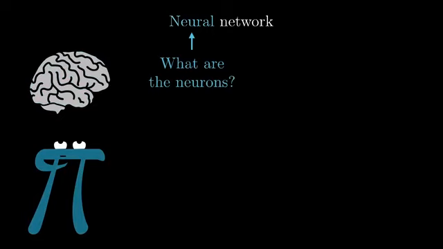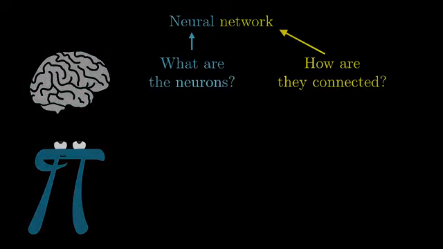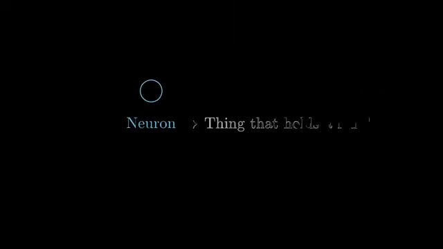But let's break that down. What are the neurons, and in what sense are they linked together? Right now, when I say neuron, all I want you to think about is a thing that holds a number, specifically a number between 0 and 1. It's really not more than that. For example, the network starts with a bunch of neurons corresponding to each of the 28 times 28 pixels of the input image, which is 784 neurons in total.